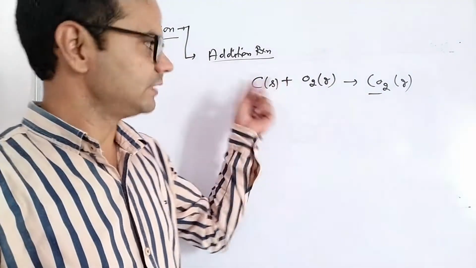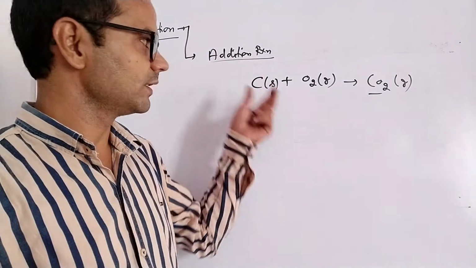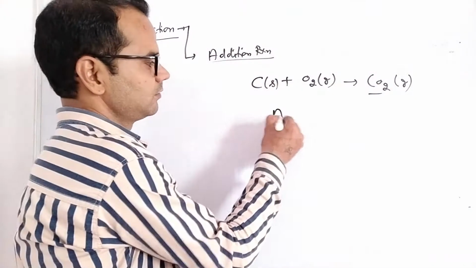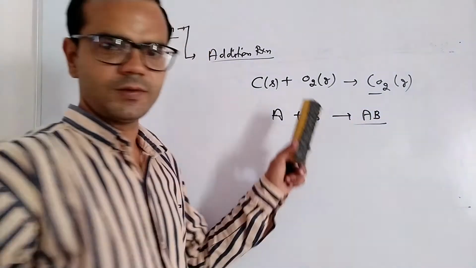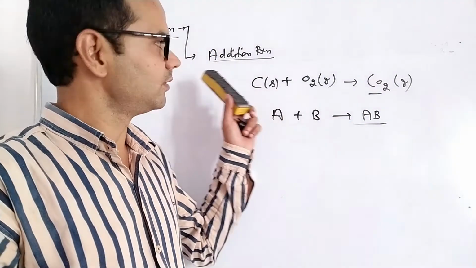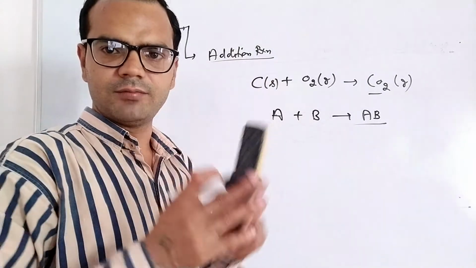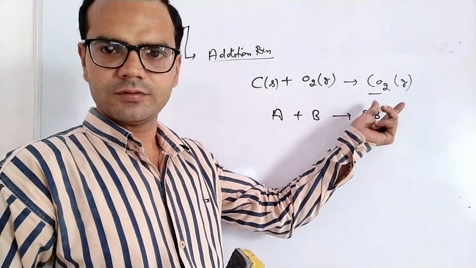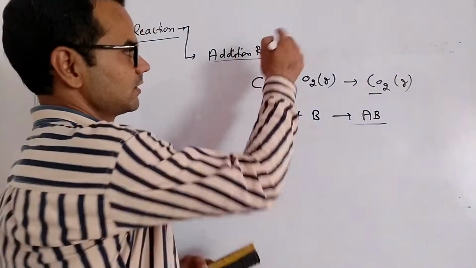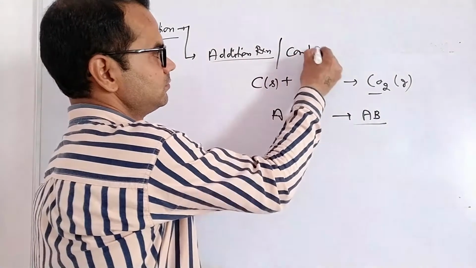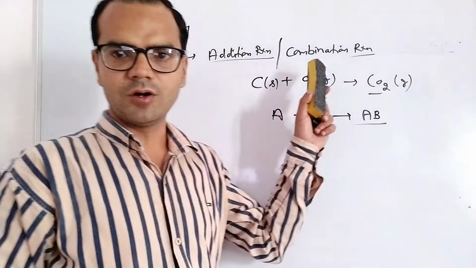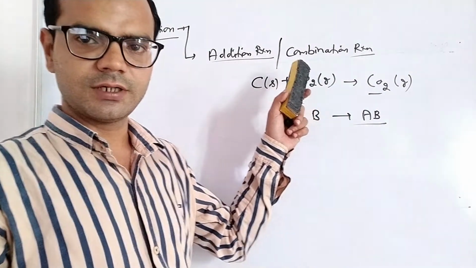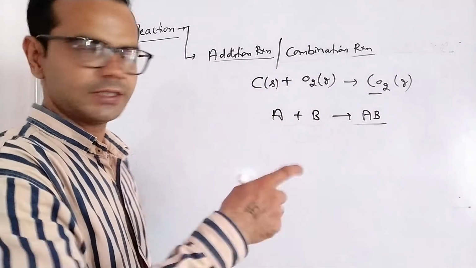Right? We can also write the general format: A plus B to give AB. Simple. Addition reactions are also called combination reactions.